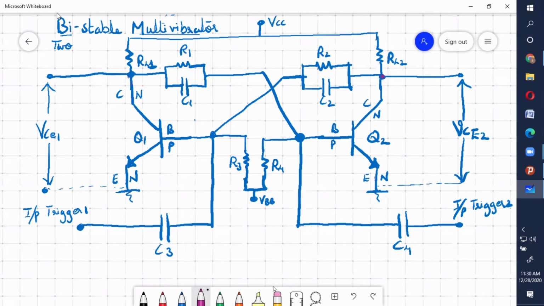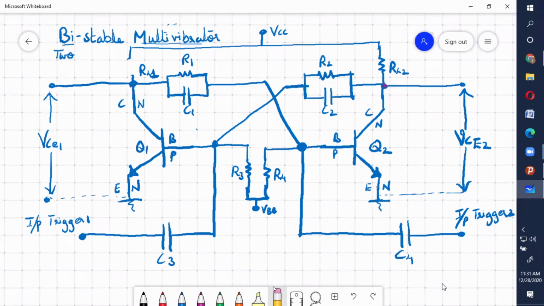Now there is the other thing. Suppose you don't apply any positive voltage. Both collectors are by default connected to a resistor, and it's connected to which point?